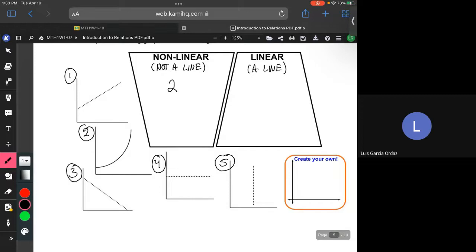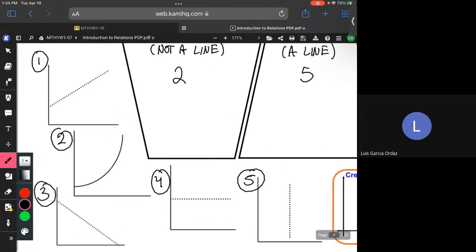Okay. Now, which one of these are considered a line or linear? Yazin. What else? Number 3. Anything else? Number 4. Okay. And you're missing one more. Number 1. Yeah, there we go. 1, 3, 4, 5. Okay.